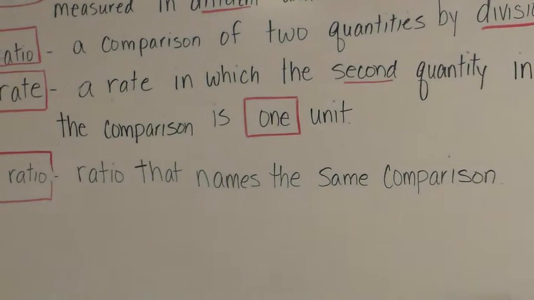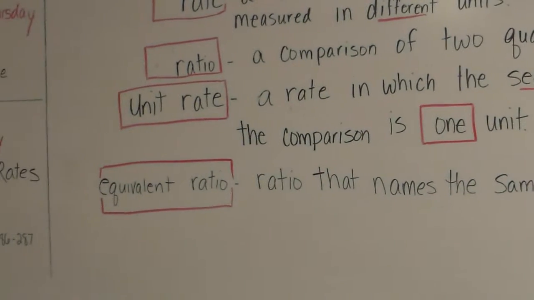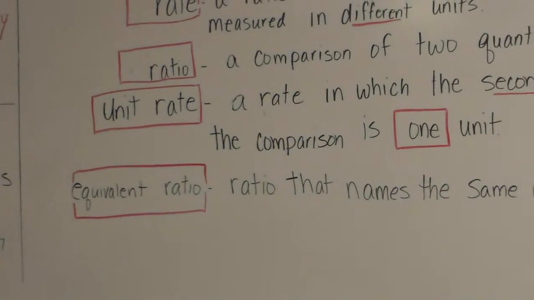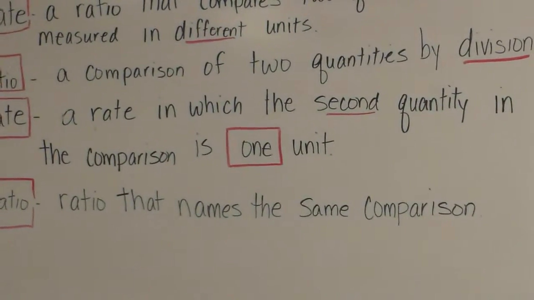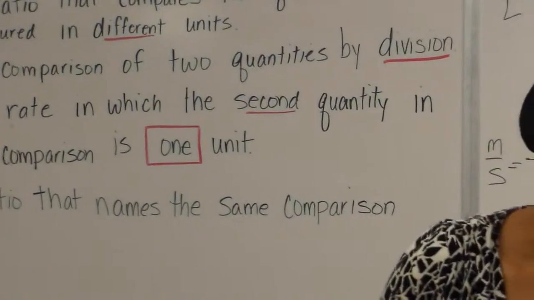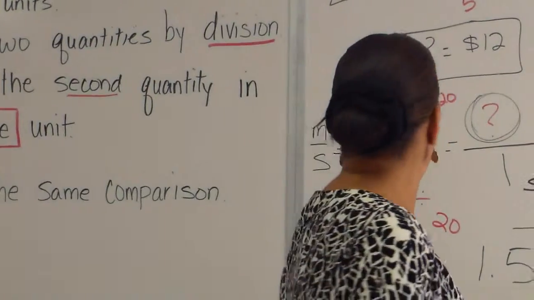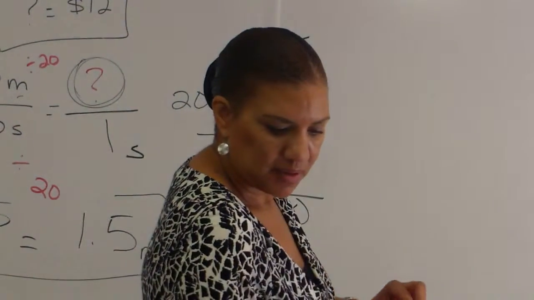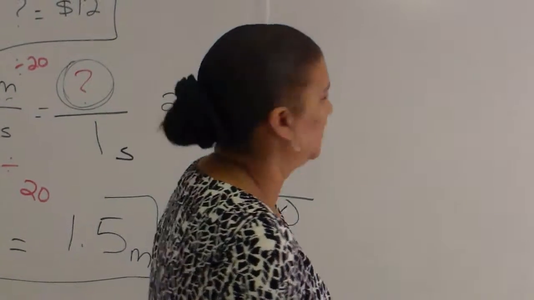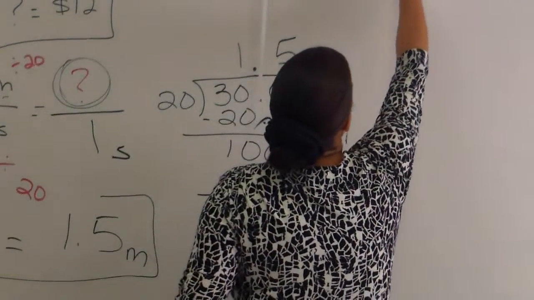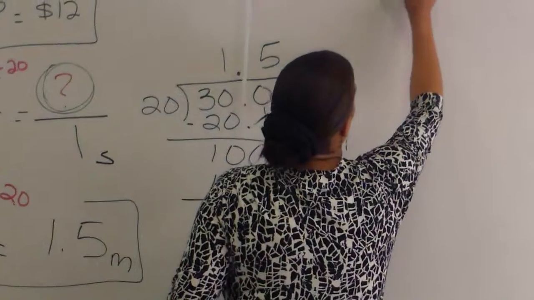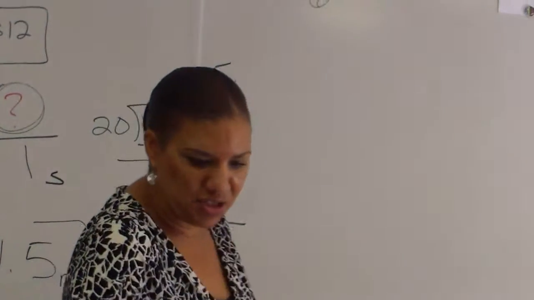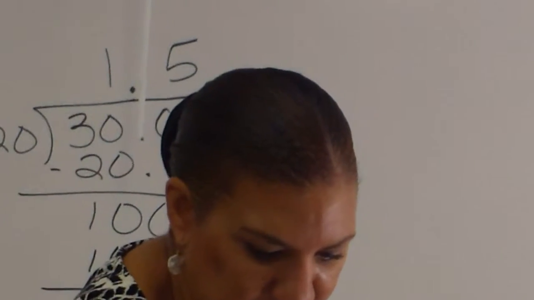I want you to turn to page 286. Let's see. Let's do this together. I'm going to ask you. Let's solve for the unknown. On page 286, we're solving for the unknown of equivalent ratios.